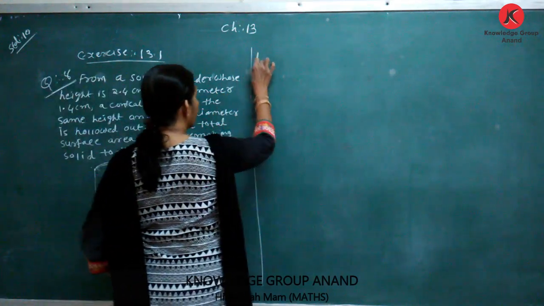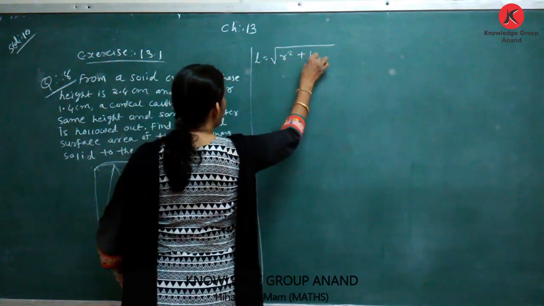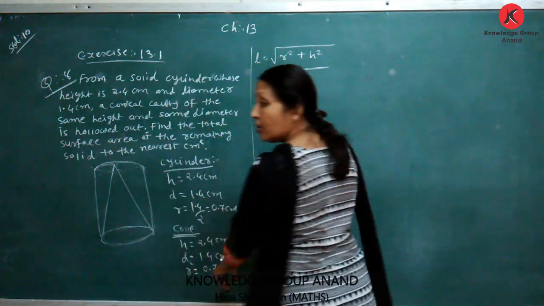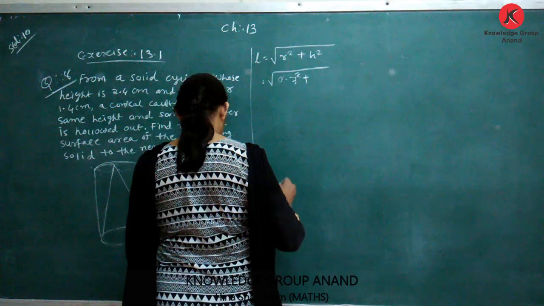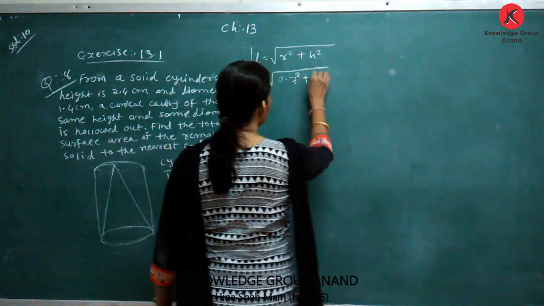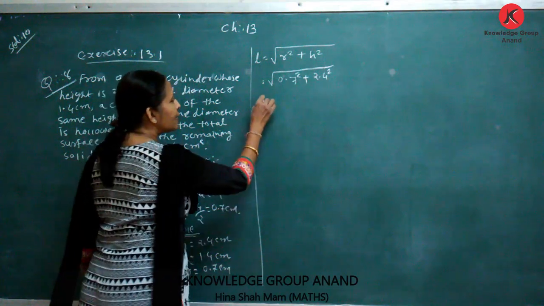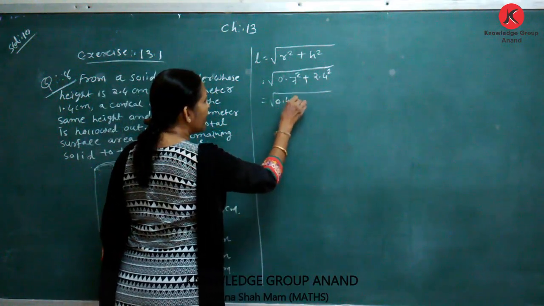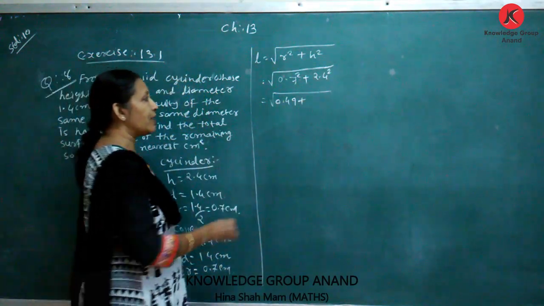L is equal to under root r square plus h square, where r is 0.7 square plus h is 2.4 square, equal to 0.49 plus 5.76.